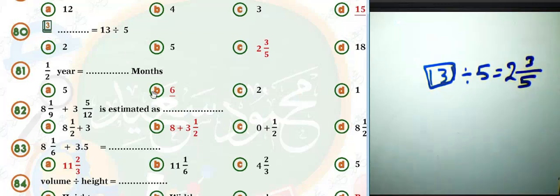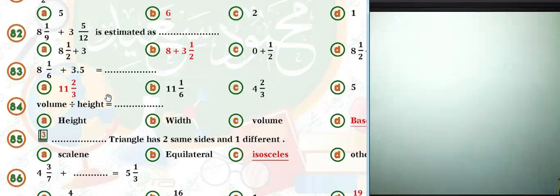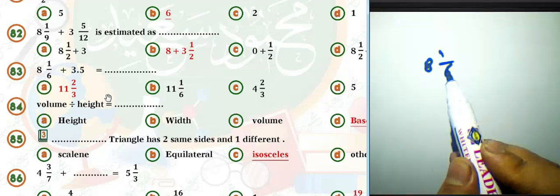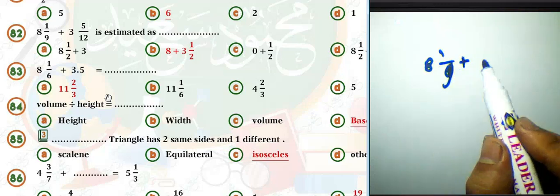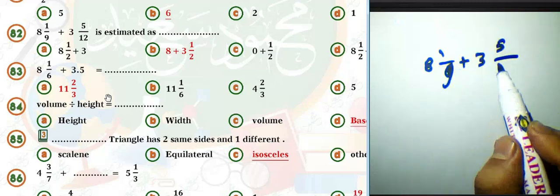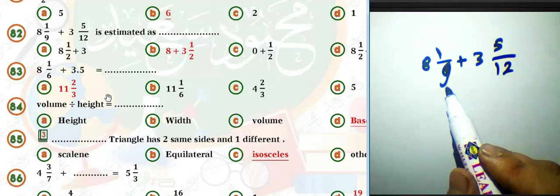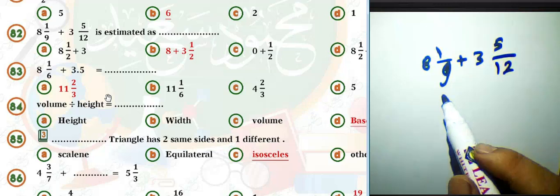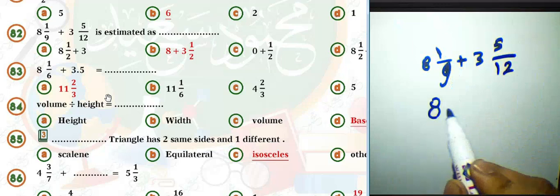Okay, half of a year equals 6 months. Write 6 here. 8 and 1 over 9 plus 3 and 5 over 12 is estimated to, look at about, estimate here by benchmark. 8 and 1 over 9, plus 3 and 5 over 12. 1 is nearest to 0, so it would be 8.